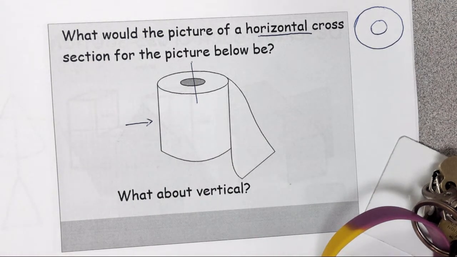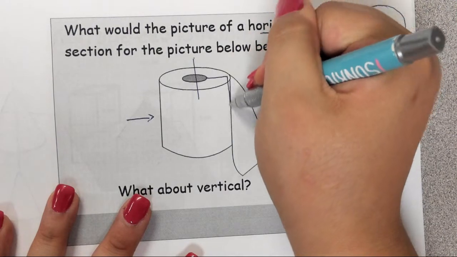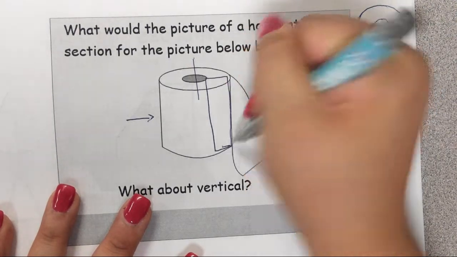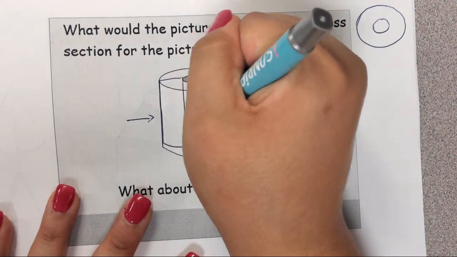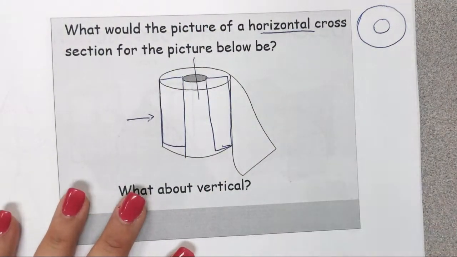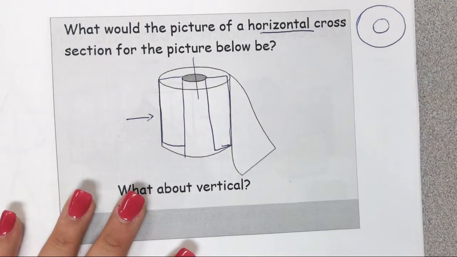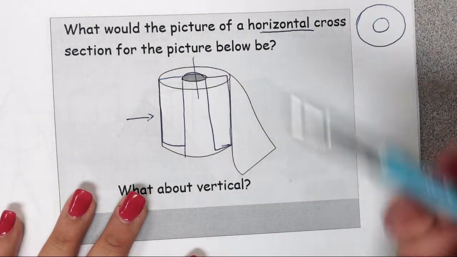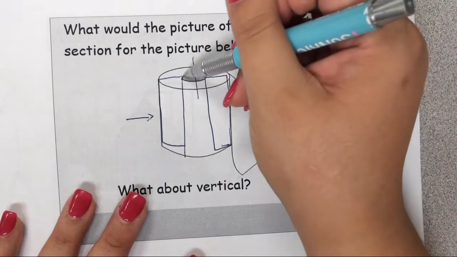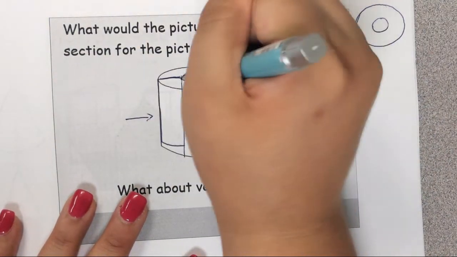I would see this rectangle right here, and I would see this rectangle right here. Because you're cutting it off. Imagine cutting it in half. And then if you stamped it down, what would you see? You would just see the rectangle. I get that there's a curve right here, but remember, it's a plane going through. The plane's not going to touch inside that hole. The plane's only going to touch right here down.